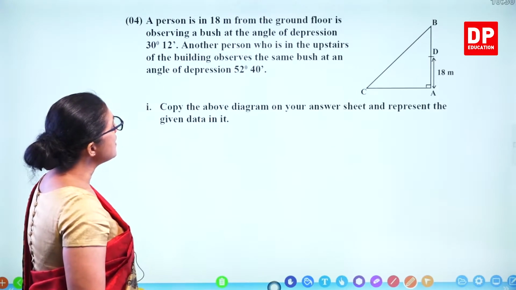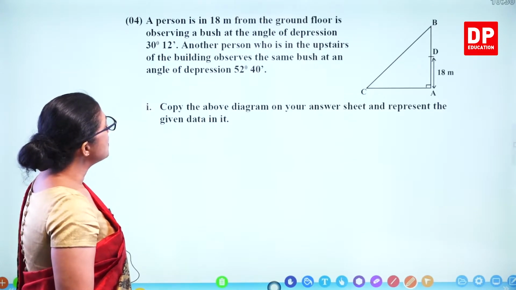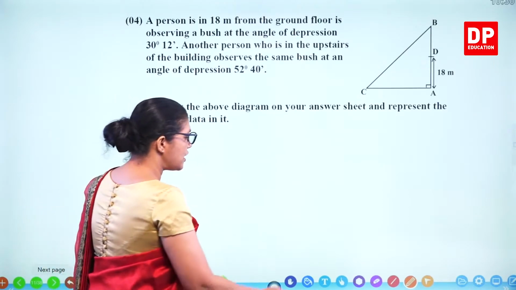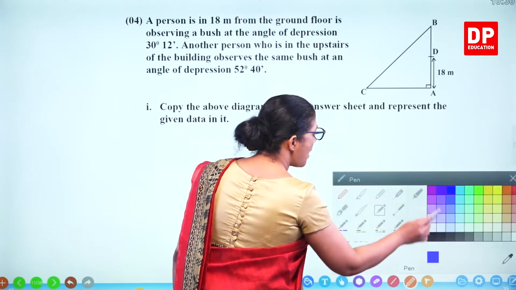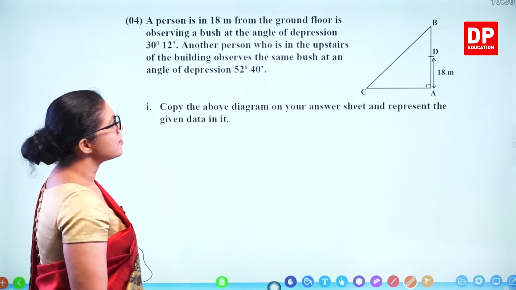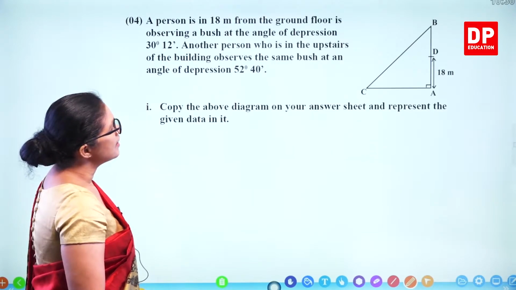Another person who is in the upstairs of the building observes the same bush at an angle of depression 52 degrees and 40 minutes. Copy the above diagram on your answer sheet and represent the given data in it.